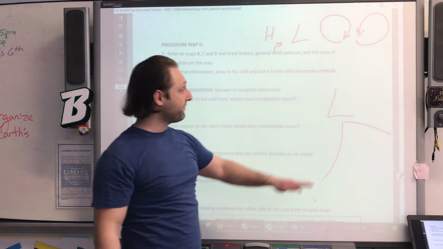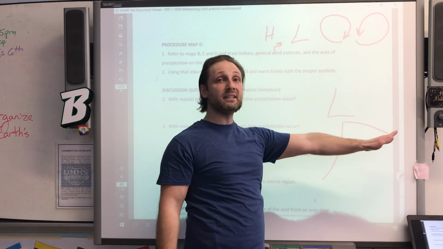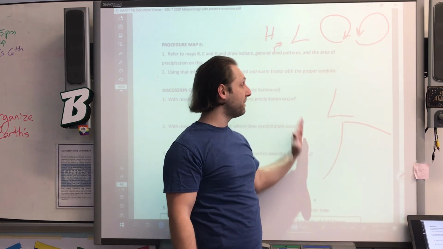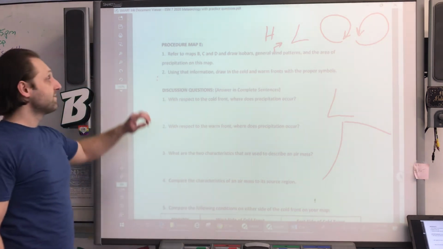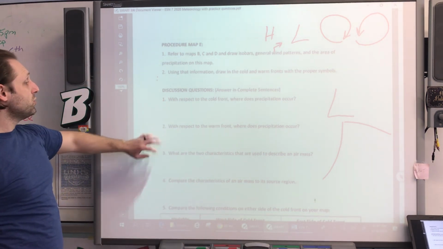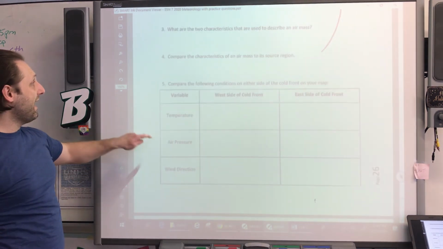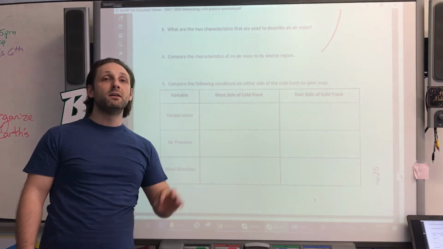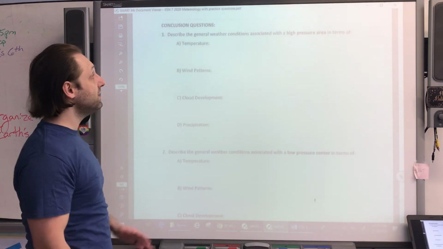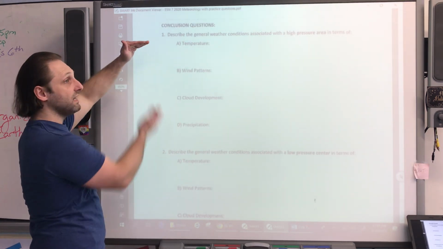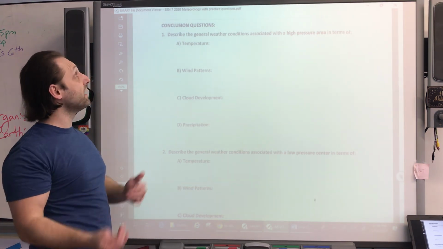And you will have to provide the correct symbols for that to represent where it's raining and what type of air masses are behind the front. 1, 2, 3, 4, and 5 can all be done without the map. Lastly, these are breaking down in even more detail the conditions for high pressure and low pressure systems.